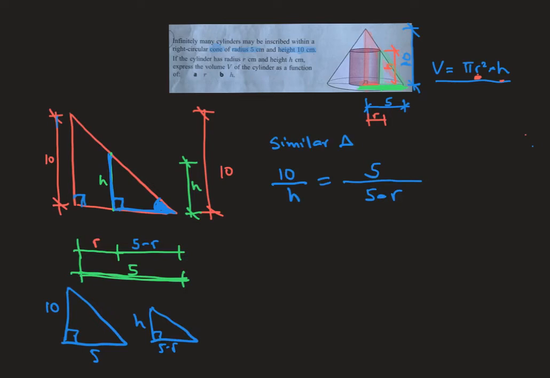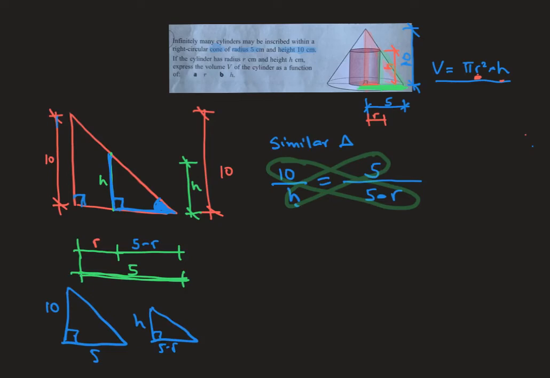Now, if I want H by itself, the easiest way in my opinion is cross multiplication. I'm going to undo this. So, cross multiplication, but you can use any other method you want. You can multiply both sides by whatever.